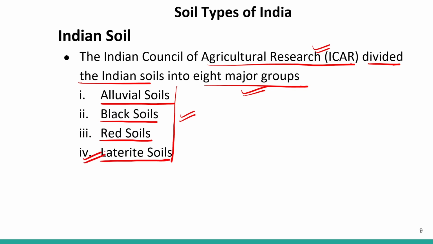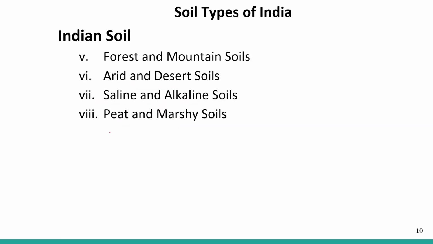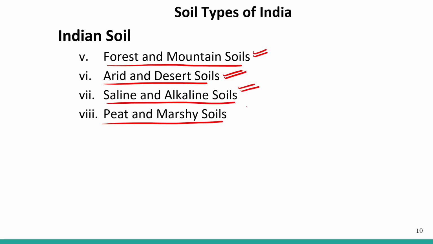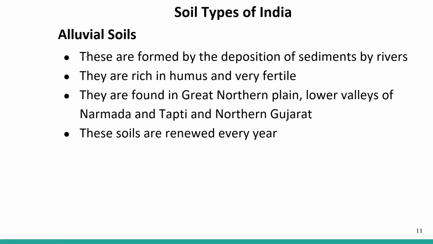So we have these 4, and another 4 are forest and mountain type of soil, arid and desert type of soil, saline and alkaline soil, and peat and marshy type of soil. So we have 8 different types of soil. Let us discuss these 8 types of soil one by one.